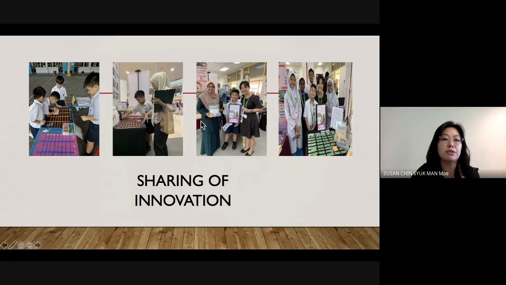And we also did some sharing. This one is during the science week, whereby my son was the one who helped get the 10 samples. This is the sharing of the photo when we were doing the competition in Malacca, and this one is during the KIPS. You can see that I am not needed.